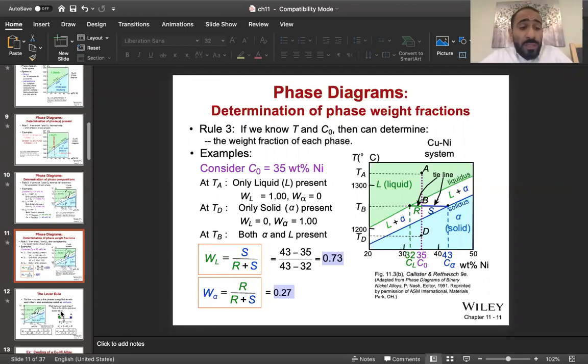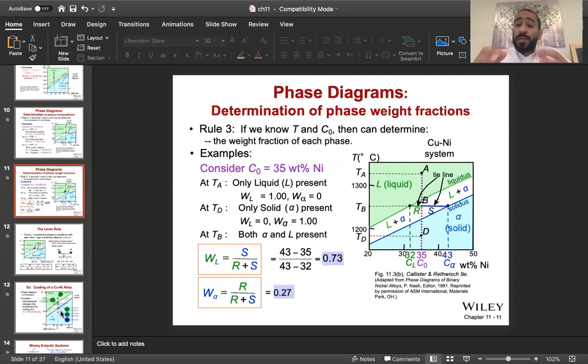Okay, so what we learned today is that by using the lever rule, we can know how much we have of each phase. And also by using the tie line, we can know the composition of each phase. And by looking at the phase diagram, we can know how many phases exist at a certain temperature and a certain composition.